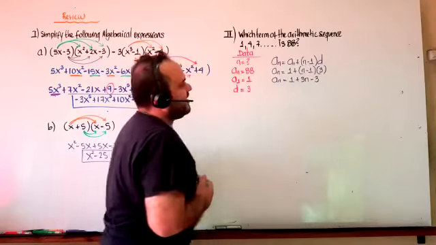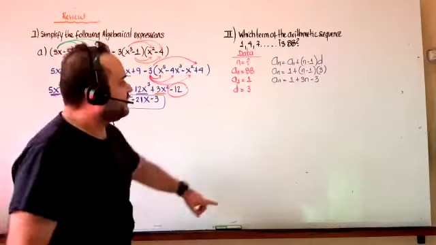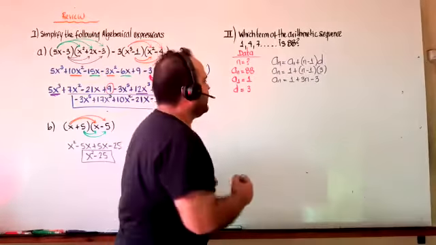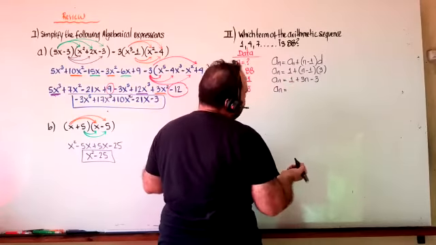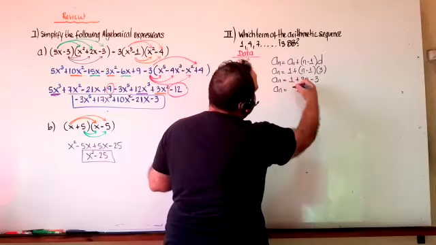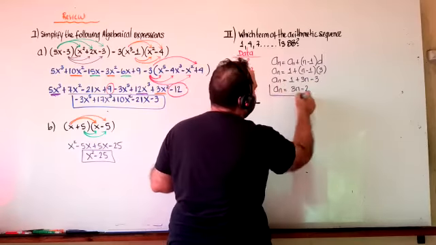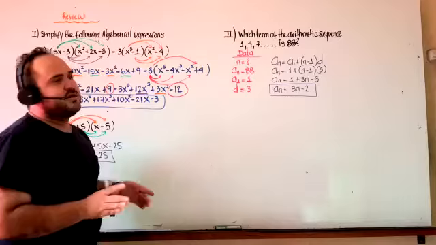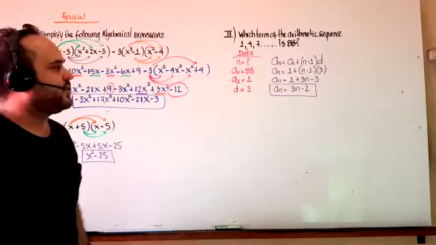Finally, we have like terms: the number 1 and negative 3. So the answer will be negative 2 plus 3n, or 3n minus 2. Both answers are acceptable. Remember the commutative property: the order of the terms doesn't affect the result.